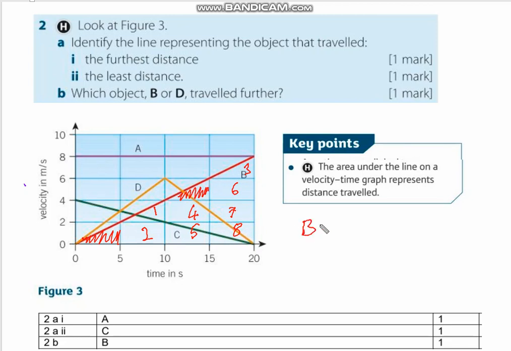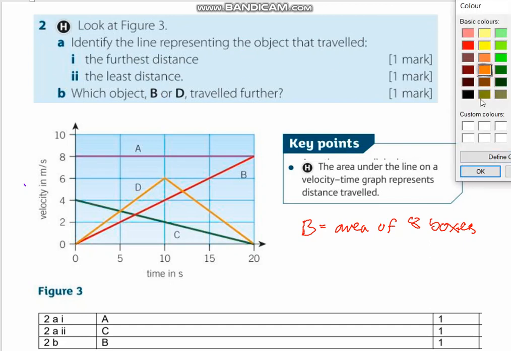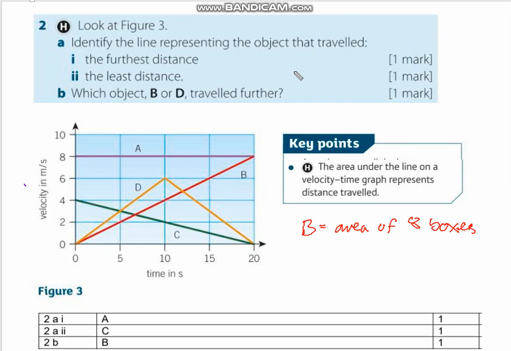So line B is an area of 8 boxes. If I erase that numbering, and we look now at line D, because we're comparing which object, B or D, travelled further. Underneath line D, again we're counting the number of complete boxes.